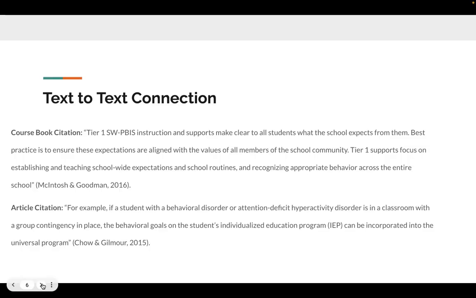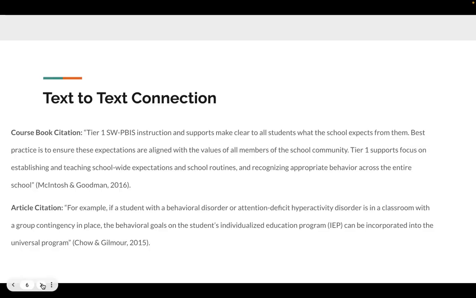The way that these two connect, both my course book and the article, is because they both focus on the SWPBIS protocol to help students with disabilities to be able to build towards having appropriate behavior in general education classes. Both the course book and the article focus on the protocol to be able to help students in their classroom behavior implementing the Tier 1 through the SWPBIS.